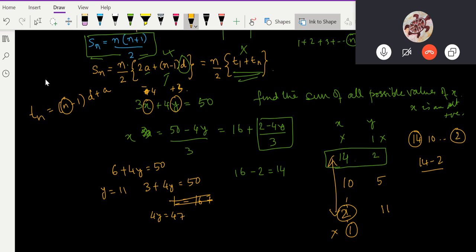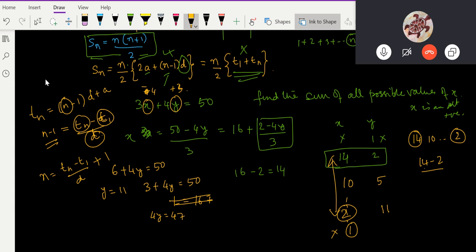So n minus 1 will be equal to Tn minus a by d, last term minus first term over the common difference. That is n minus 1, and n would be Tn minus T1 by d plus 1.